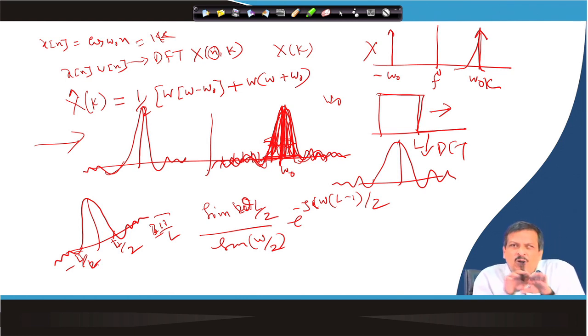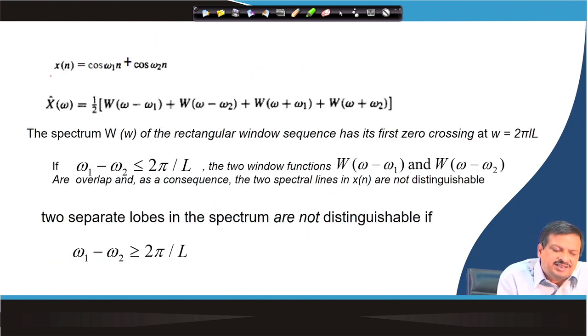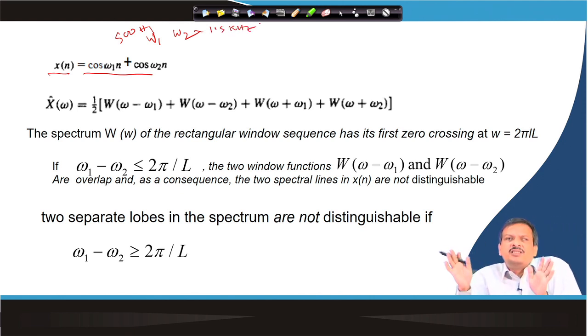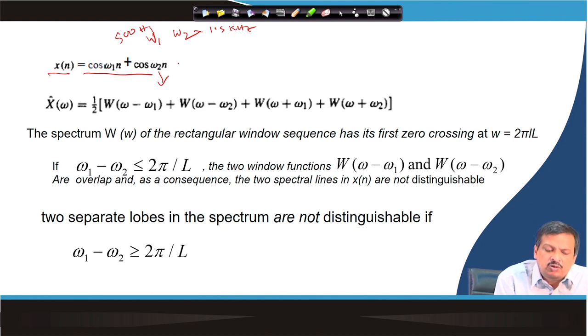Now let us make it a little bit more complex. Instead of a single frequency, I have a signal which has two frequencies, one is omega 1, another is omega 2. So, I have a sine wave, let us say this is 500 hertz and this is 1.5 kilohertz. So two components, 500 hertz and 1.5 kilohertz. Again, if I take the DFT of a particular window, then I get this frequency response.